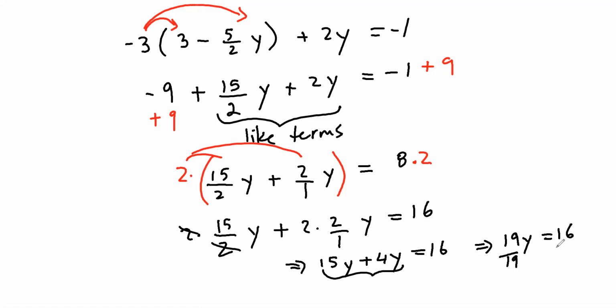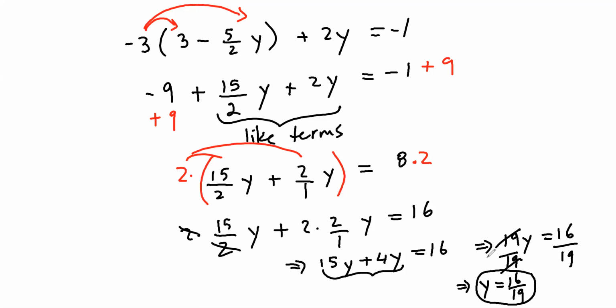Then I can divide both sides by 19, so y equals 16 divided by 19. This can't be simplified because 19 is a prime number and 16 is not, so they do not have any common factors. So we have the value of y.